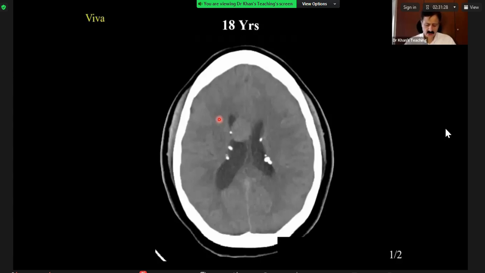This is, yes, please. What is this? Yeah, this is axial CT, non-contrast, which is demonstrating calcified subependymal nodules, and there is a large, slightly dense lesion in the anterior horn of the right lateral ventricle, which is looking very prominent as compared to the left side. There is also some subcortical frontal lobe hyperdensity, but I'm just trying to make it out.